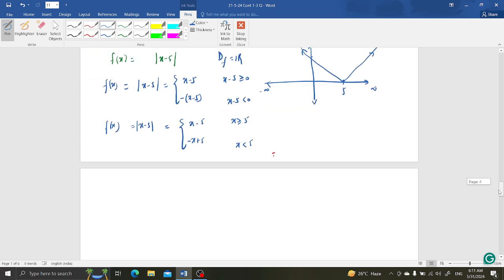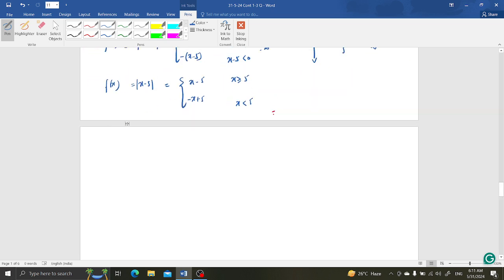Now, how can we prove it? If I choose a, where a belongs to the domain of f, that is complete R, and the restriction is a less than 5. There are 3 things: before 5, at 5, or after 5. First part, second part, third part. So I will do the same thing here.